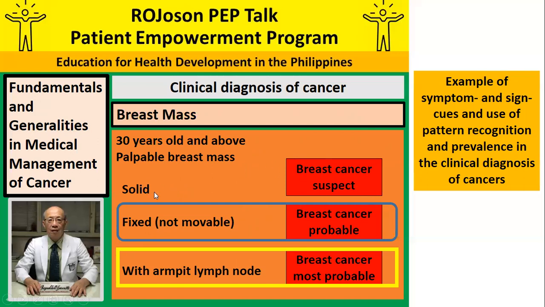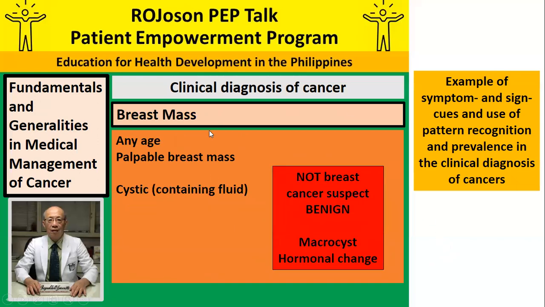Now, if the solid mass is accompanied by fixation to the underlying or overlying skin, meaning it's not movable, but without armpit lymph nodes yet, the patient is a breast cancer probable. Now, if the mass is solid, fixed, and with armpit lymph nodes, then the patient has a breast cancer most probable.